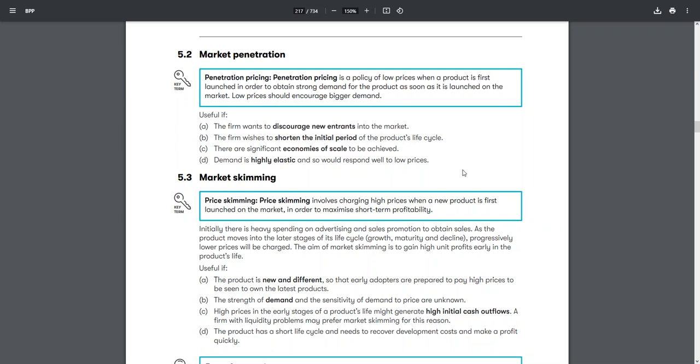Both of these strategies are used in different situations. Market penetration would usually be used when the product is already in the market and competitors are charging a certain price. If you charge a higher price, then customers would not buy the product.